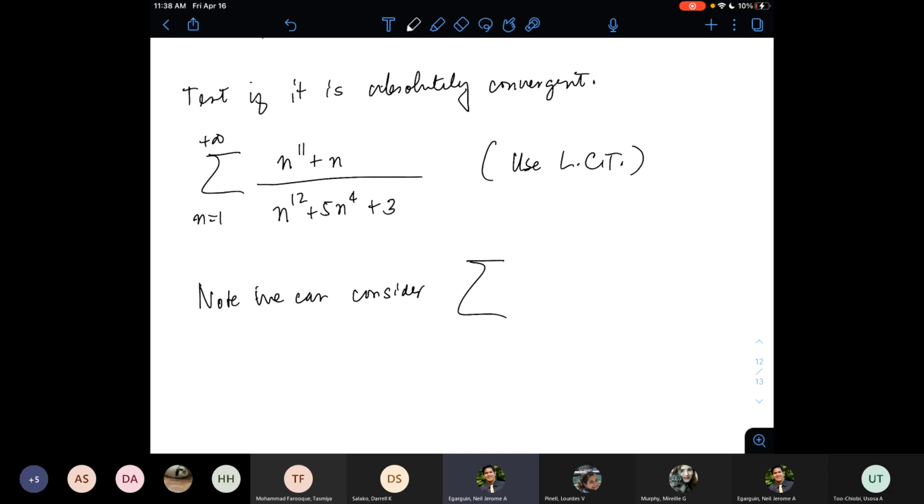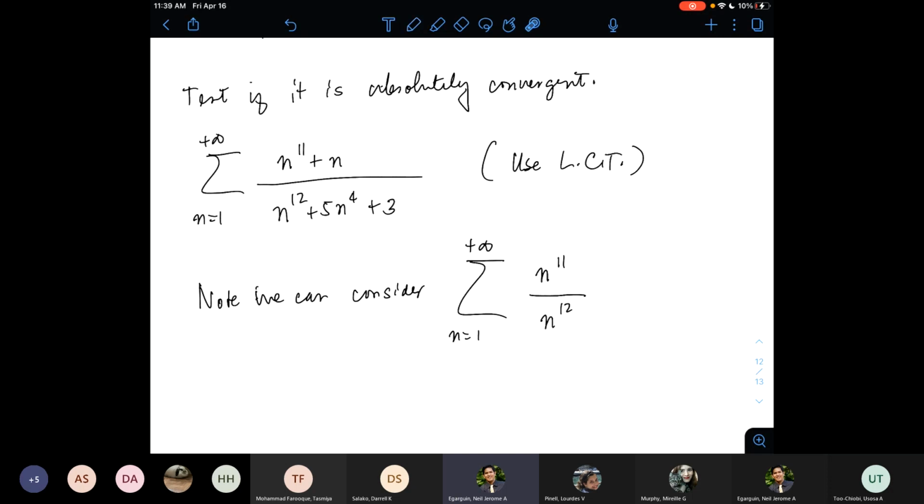In the long run, the numerator will just behave like n^11, and the denominator will just behave like n^12. So that would be my testing series for the LCT. For the limit comparison test, you just look at your series and see how it behaves in the long run, and we take the limit against that testing series.